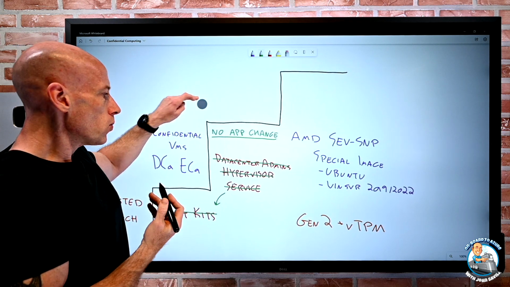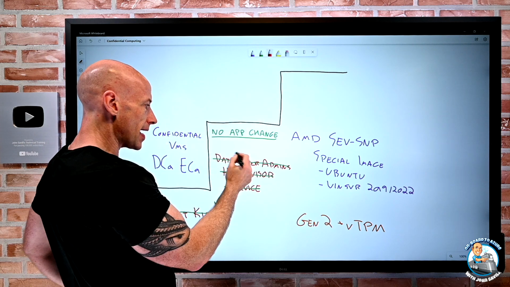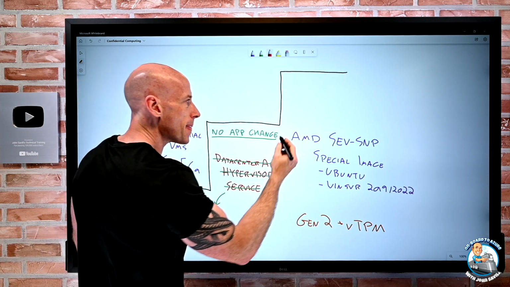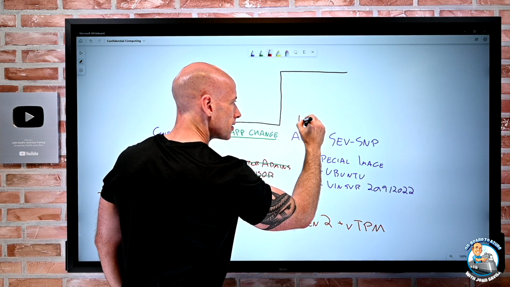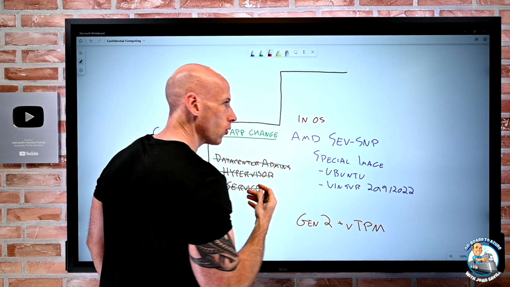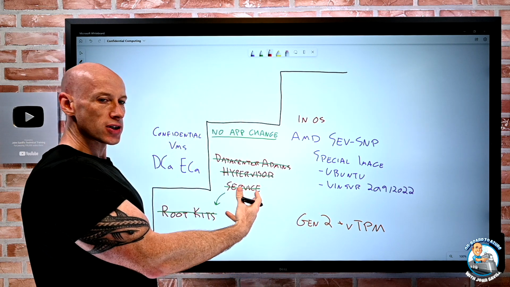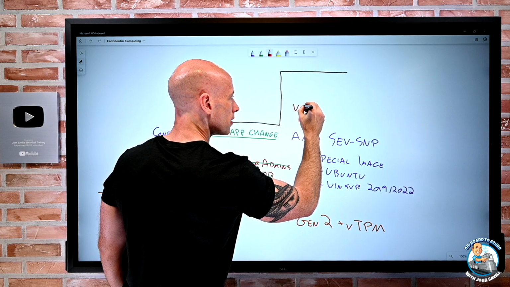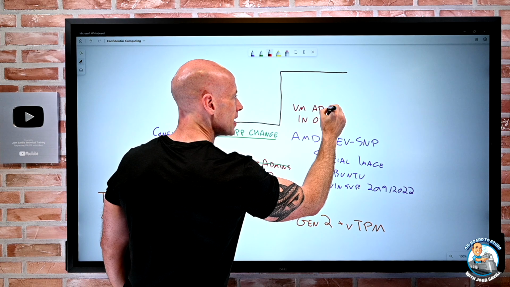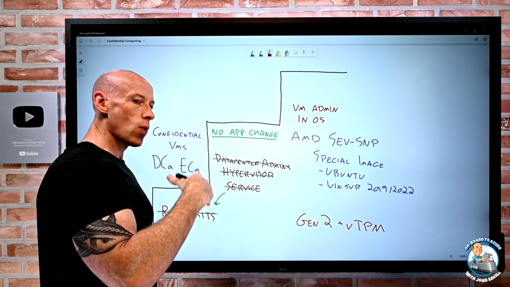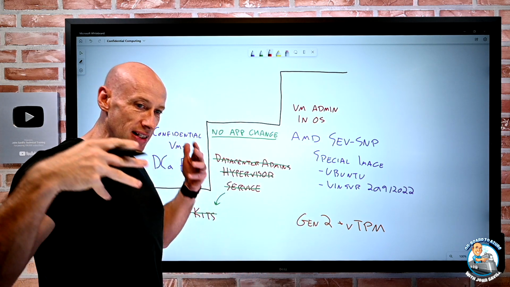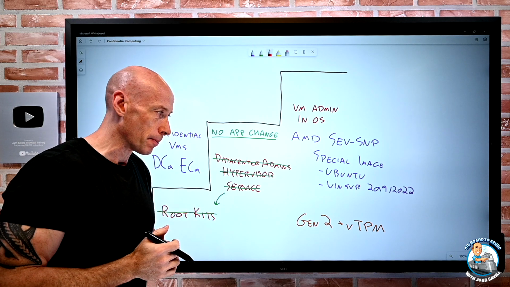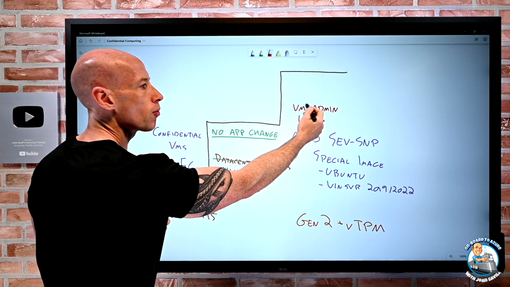So there's still the risk here of bad things in the OS. Some piece of malware, some process, some VM admin. And by VM admin, I mean an admin within the OS itself. So someone who has administrative rights inside that guest operating system. This does not protect me from those risks.